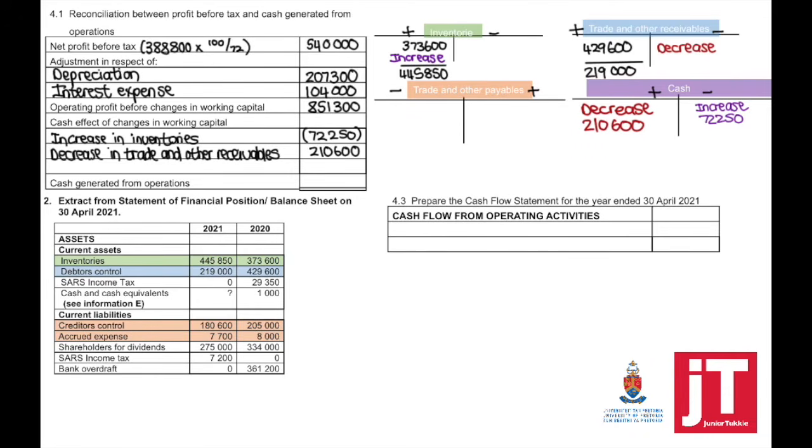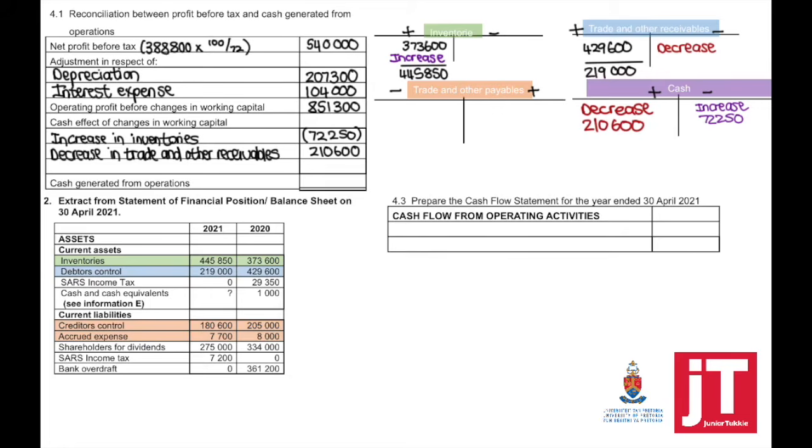We use the difference and we take it to the reconciliation between profit before tax and cash generated. You can study. A decrease will always have an inflow effect with trade and other receivables. An increase will have an outflow effect. If you're not sure, do a T account.